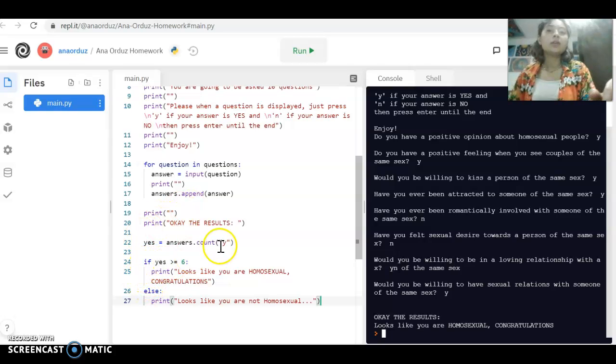So if the number of Y's is equal to or greater than 6, then it should show this message on the screen: looks like you're homosexual, congratulations. And else, which is connected with if, if your answer is 6 or fewer yes answers, then it's going to show this message with its print: looks like you're not homosexual.